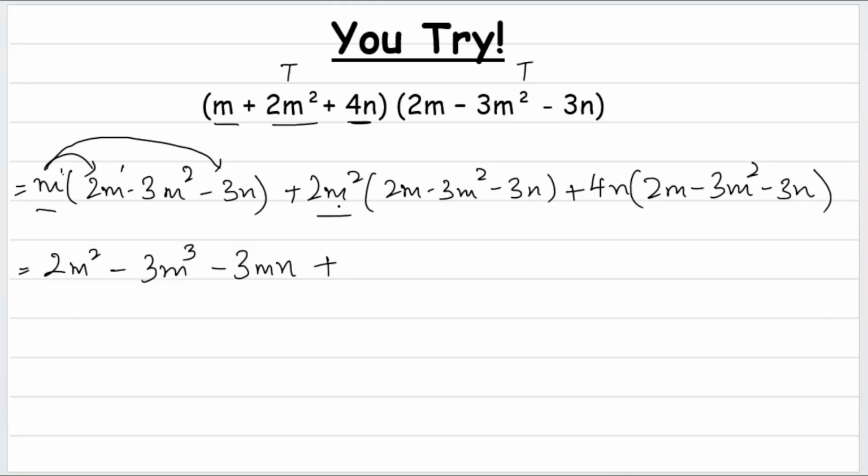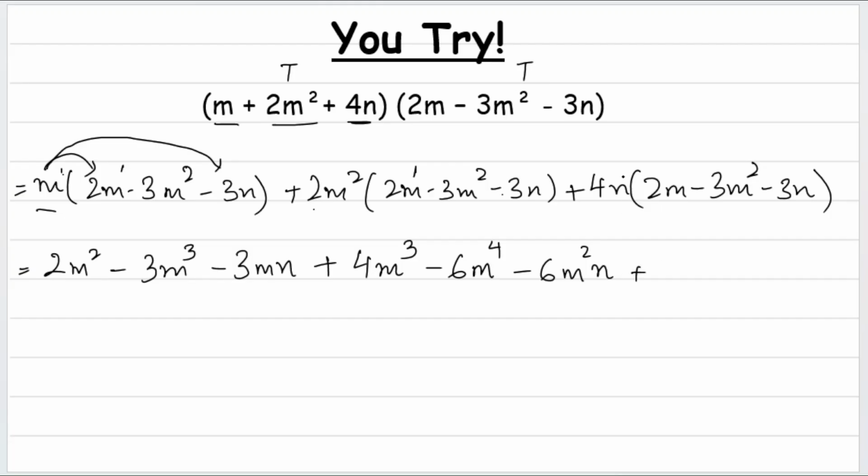Plus 2m square. Let's make it a little cleaner. So 2m square with 2m is 4m cube. Why? Because there is 1. So 1 plus 2, 3. 2 times minus 3 is minus 6. M square, m4. And then 2 times minus 3 is negative 6 and m square n.